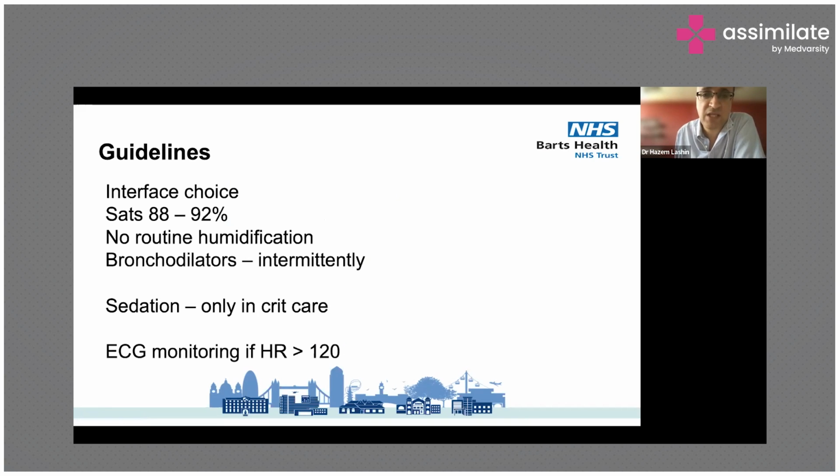Bronchodilators are to be used intermittently off NIV in patients who have COPD. They recognize that some patients will require sedation, but this should only be done in a critical care situation in order to have close monitoring. And also they advise ECG monitoring if the heart rate is more than 120.